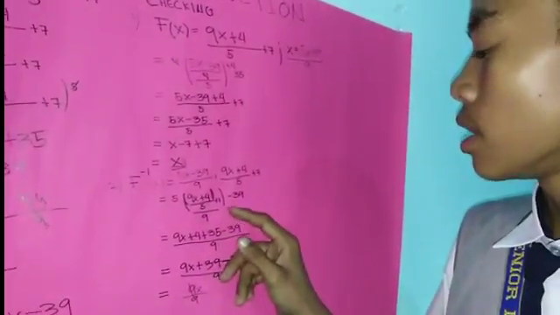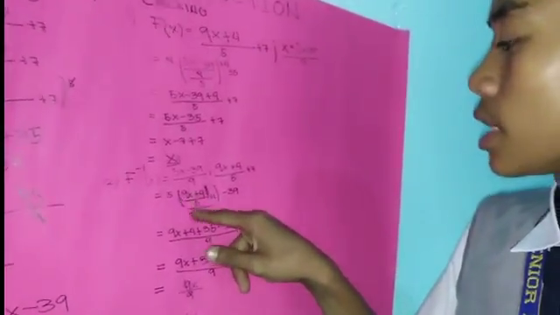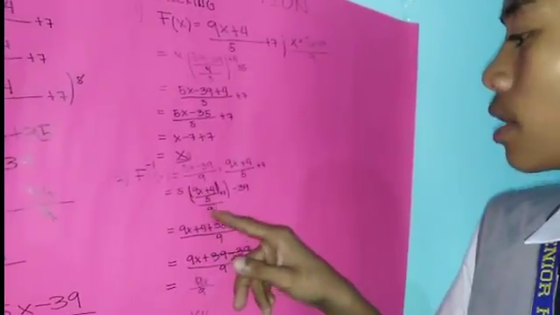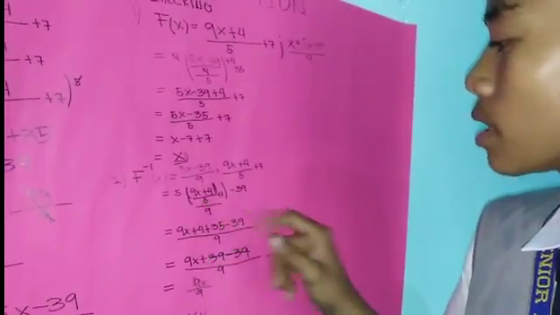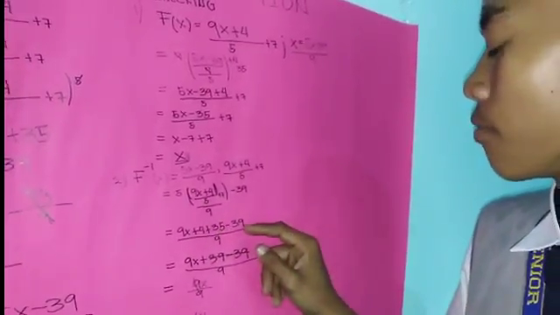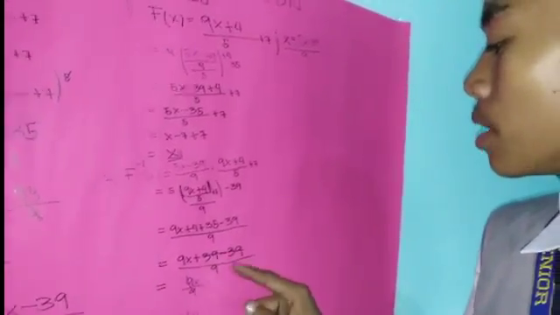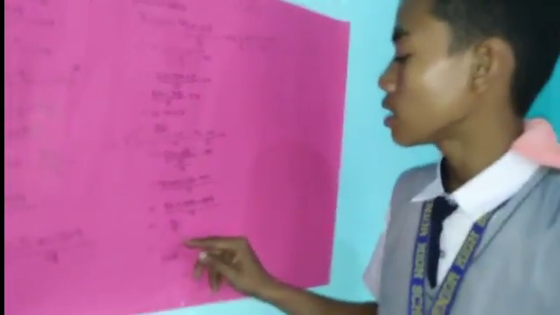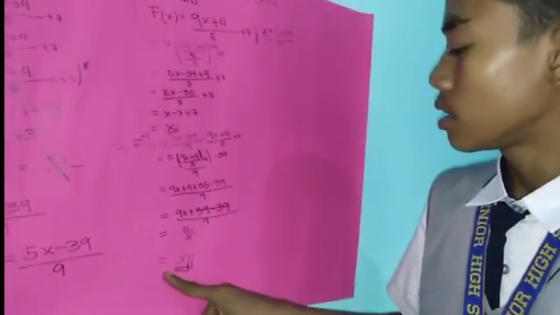So the 5 cancels out, and it equals 9x plus 4, plus 5 times 7 which is 35, minus 39, over 9, equals 9x plus 39 minus 39 over 9, equals 9x over 9, cancel out. So the answer is x. This is an inverse.